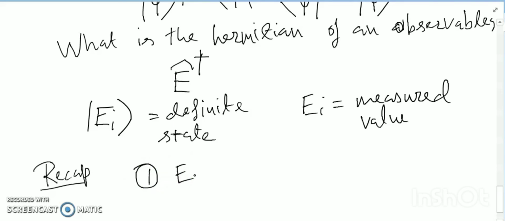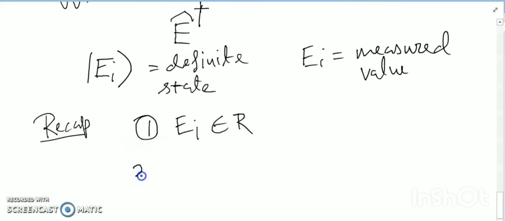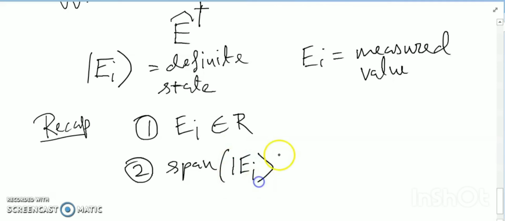Number two, the span of the eigenstates equals the dimension of the vector space. The eigenvectors must span the whole space, since each quantum state must carry some value for the observable.